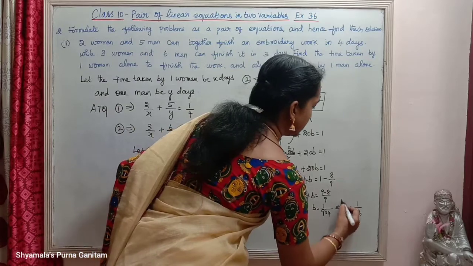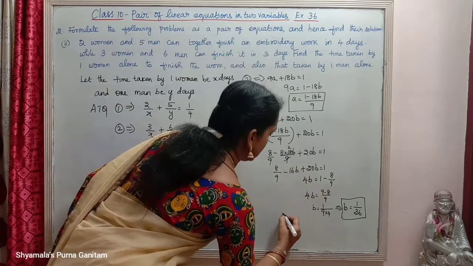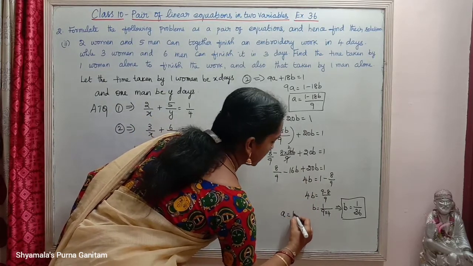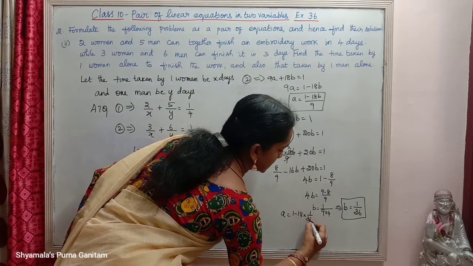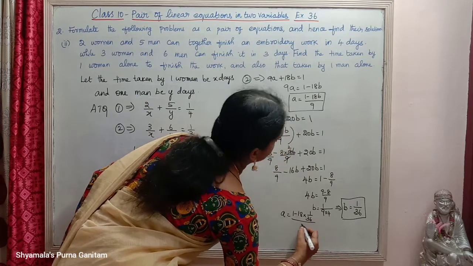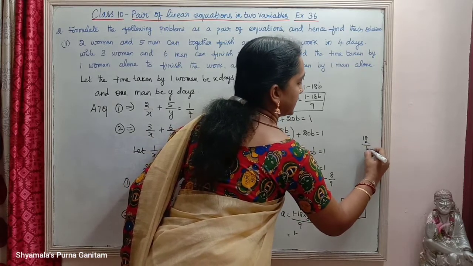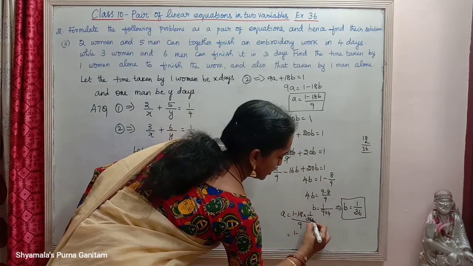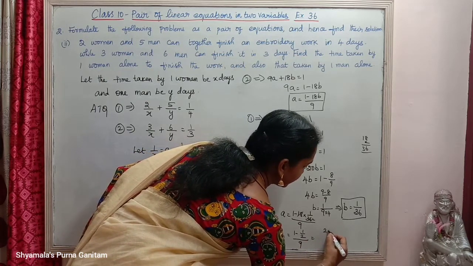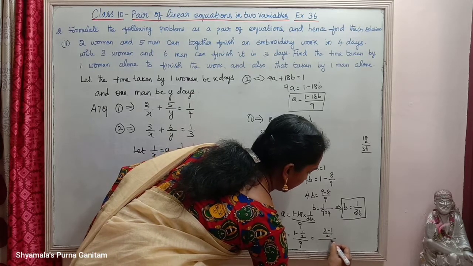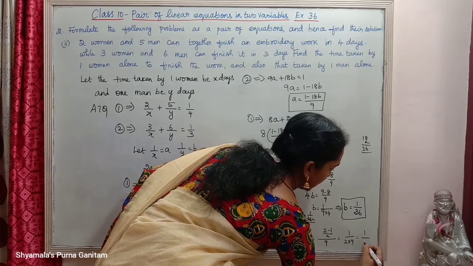Then this b value I will substitute in a. So a is equal to (1 minus 18 into 1 by 36) divided by 9. 18 2s are 36, so this is (1 minus 1 by 2) divided by 9, which is 1 by 2 into 9, so 1 by 18.